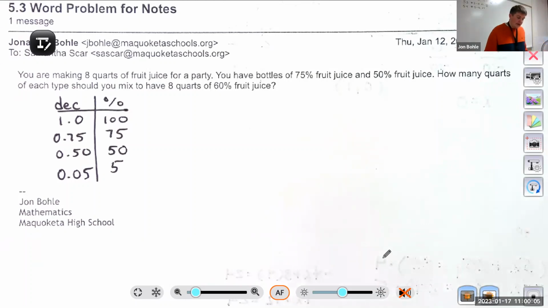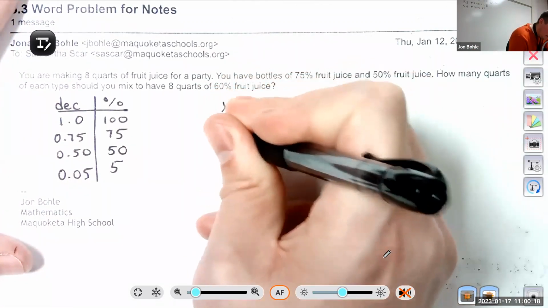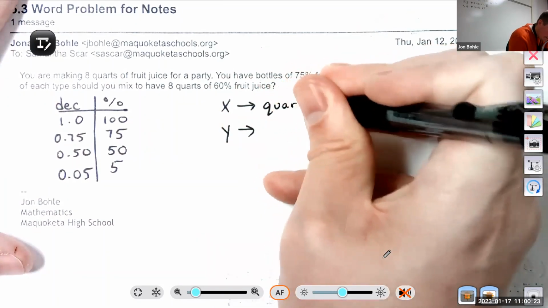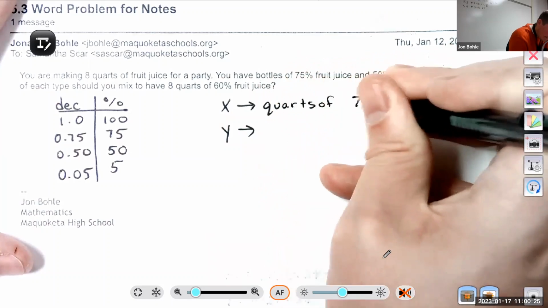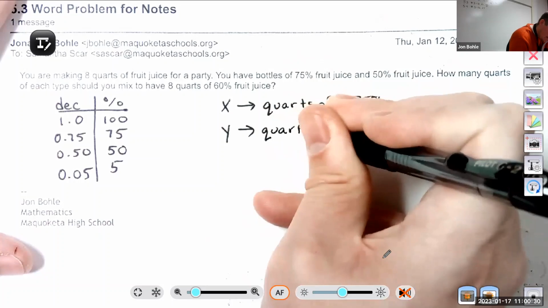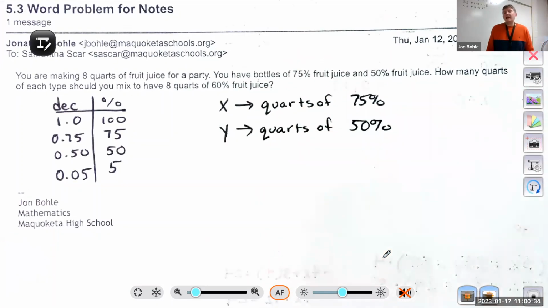We had the problems with multiple choice and essay problems, right? M and E would be great variables for that. I don't really see very good variables for this one, so I'm just going to choose X and Y. And in this one, I really want to label what my variables are.